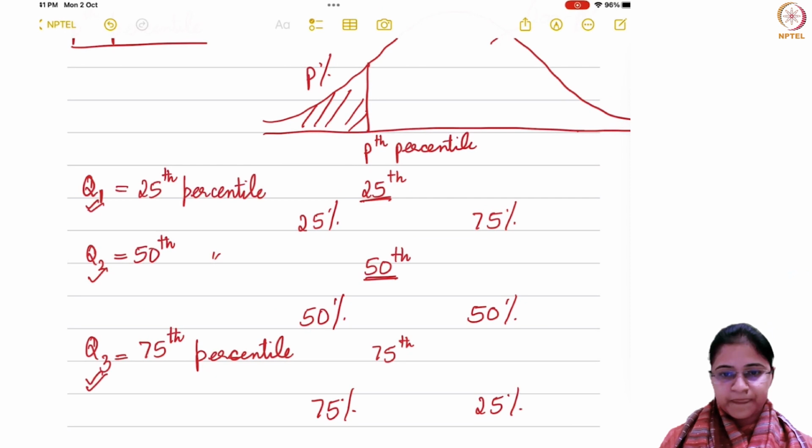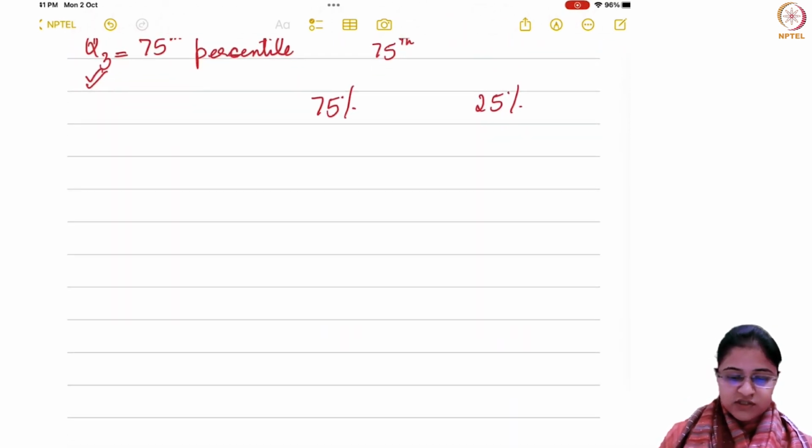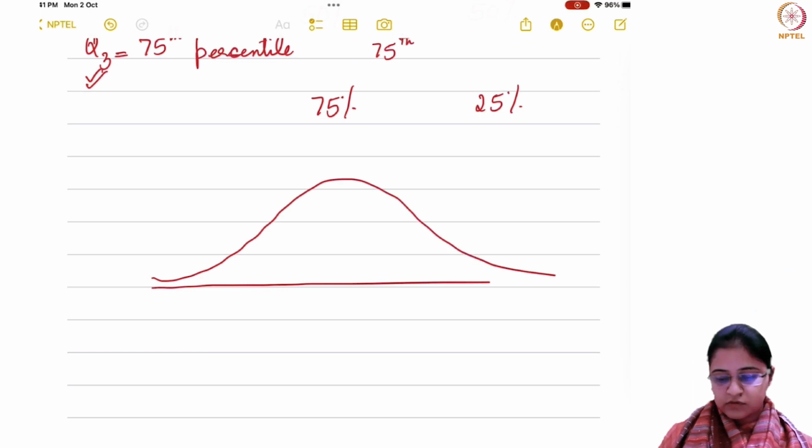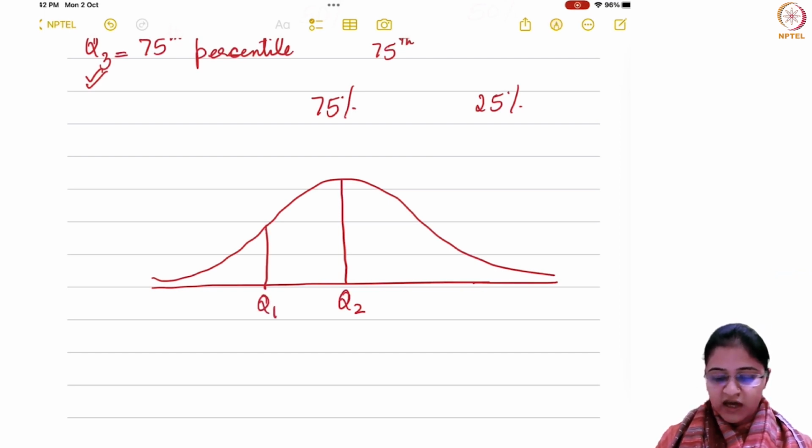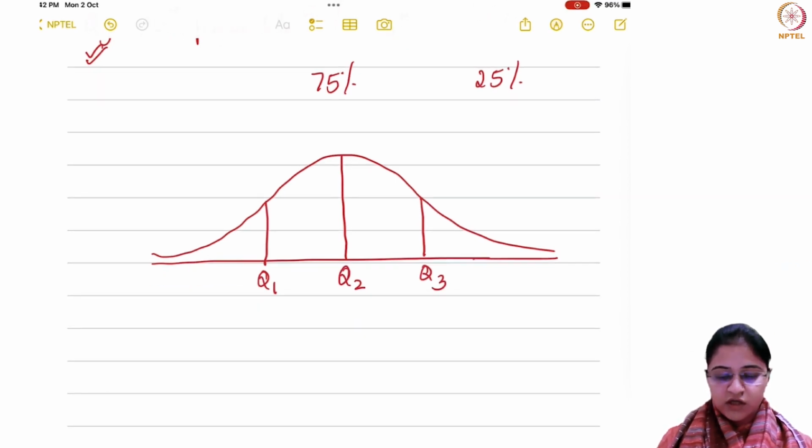Okay. So if I need to draw this, how will it look? So this is the median, so this will be Q2. On this side it will be Q1, because here you have 25%, and here it will be Q3. Right?